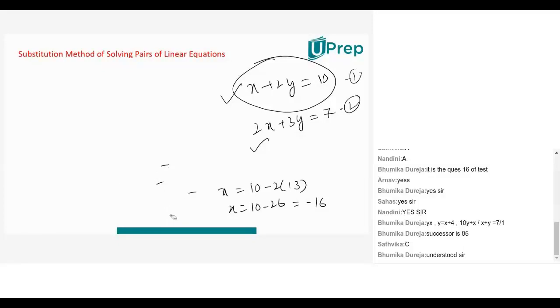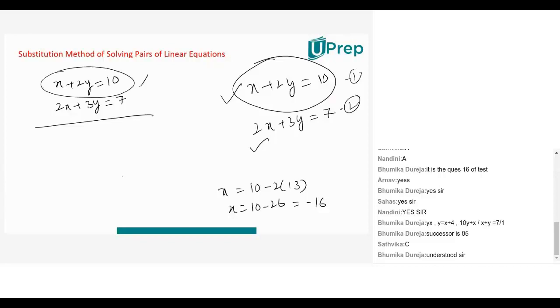Here you have x plus 2y equal to 10 and 2x plus 3y equal to 7. We make the coefficients of one of the variables the same and get the solution. For example, if I multiply the first equation by 2, we get 2x plus 4y equals 20.